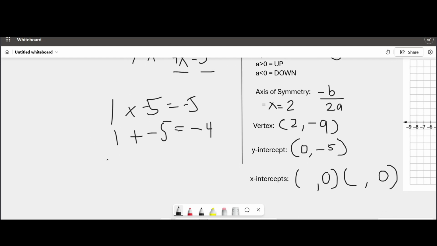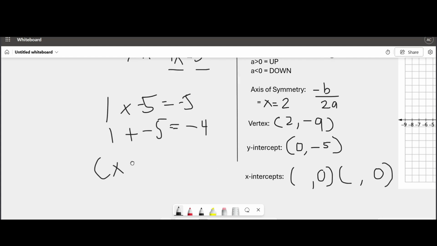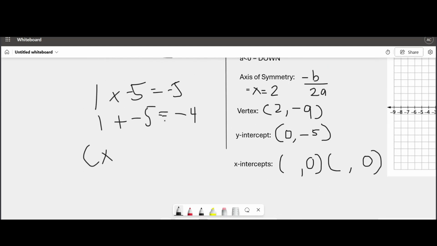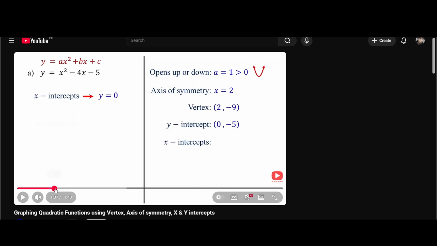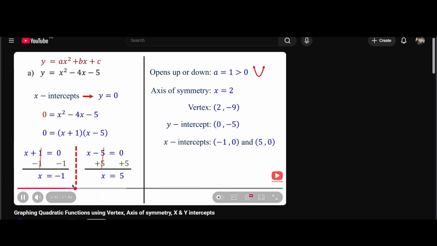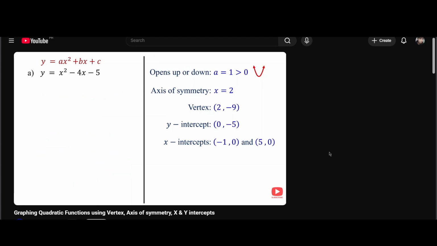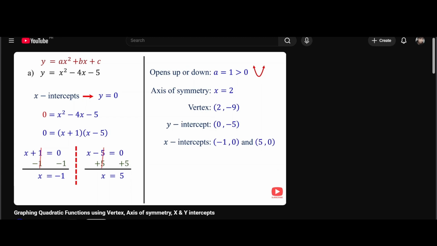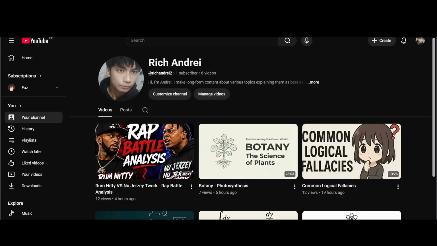So we just have to rewrite that as x. Let me just see if I'm doing this correctly. Okay, so we are doing this correctly.